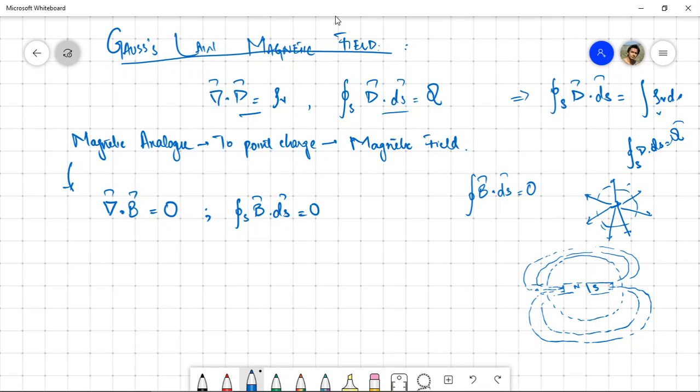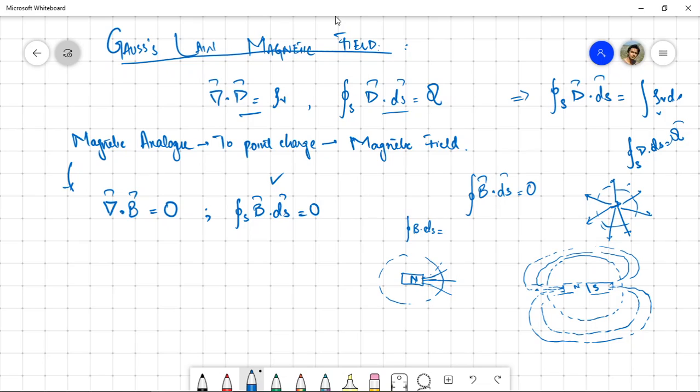He's saying that the charge can exist in isolation, but a pole can't. If we had a possibility of having a magnetic monopole, then this won't be equal to 0, because we'll have a north pole here, and we could have imagined a sphere around it, and it will only emit the lines of force, and there would have been some value of B dot ds in this case.